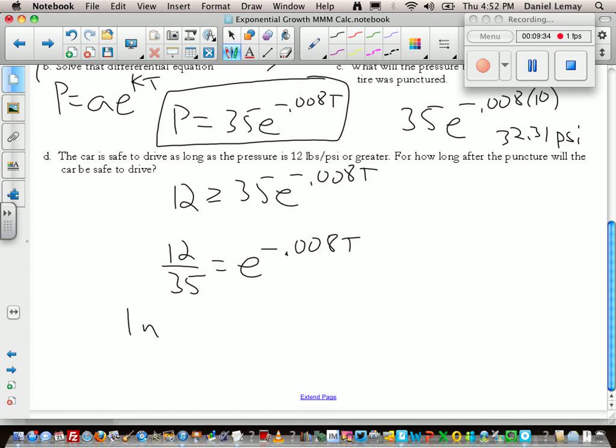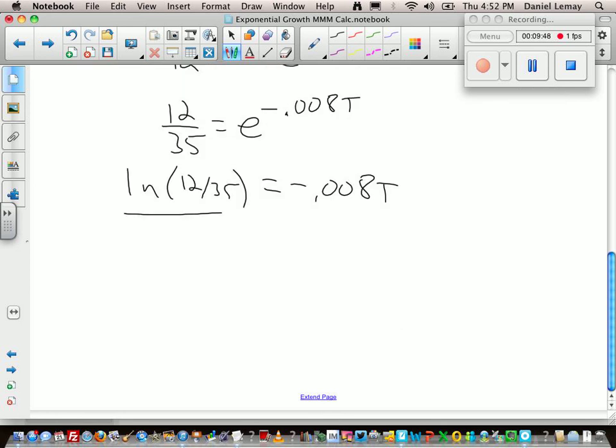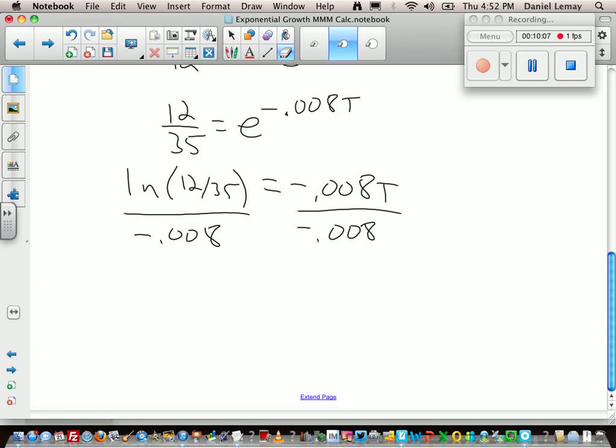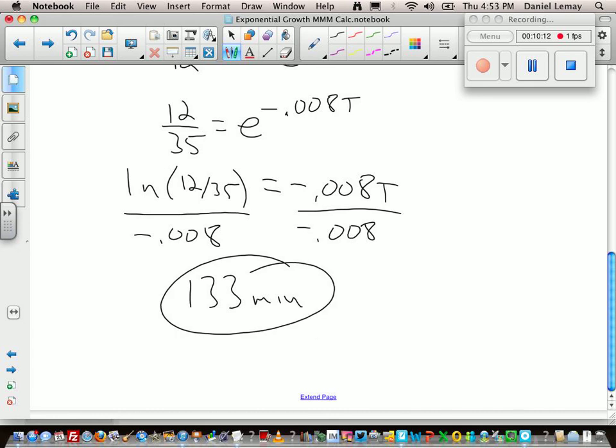Natural log is important because I've got an e, and natural log and e are inverses. Then I'll divide both sides of this expression by negative 0.008. And when I did this earlier, I came up with, sorry, wrong problem. 133 minutes. Okay, so that's that example.